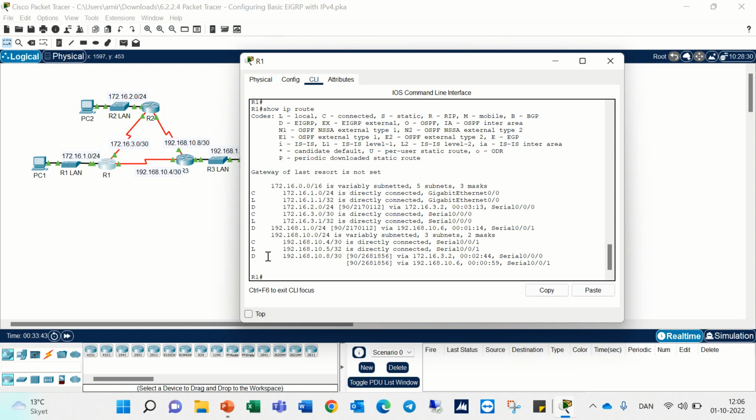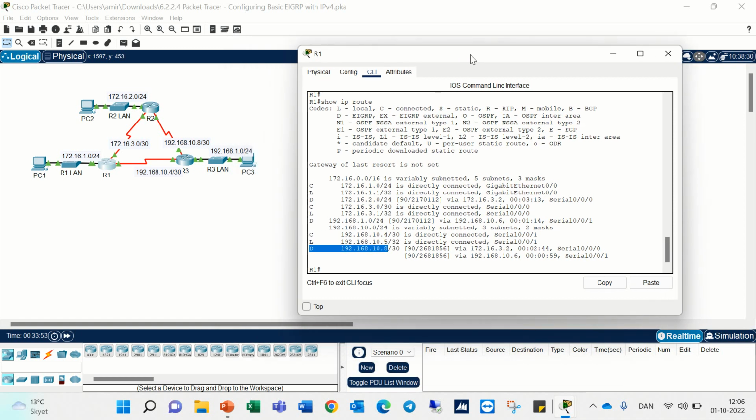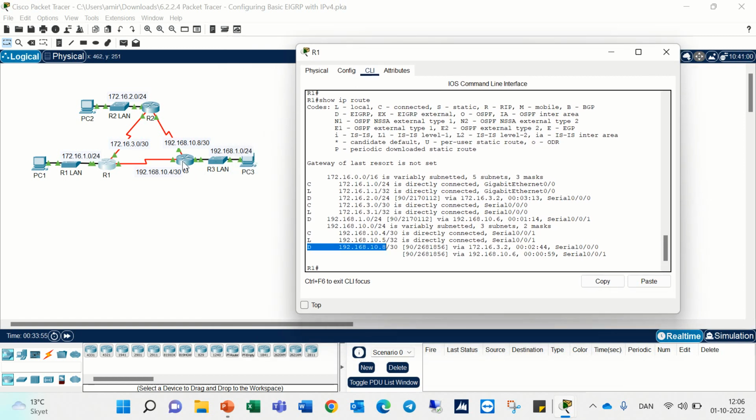You can see we have learned 192.168.10.8. Where is 10.8? This one. We have learned it from EIGRP with adjacency with router 3 and router 2. We have also learned 10. This is 10 here.